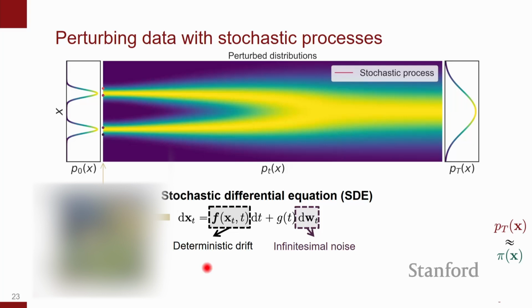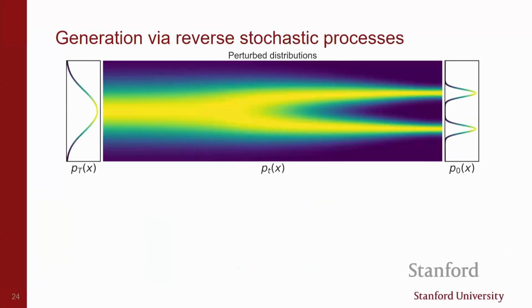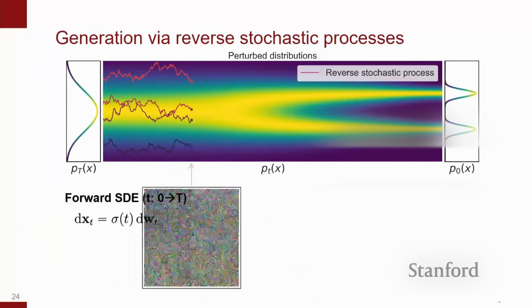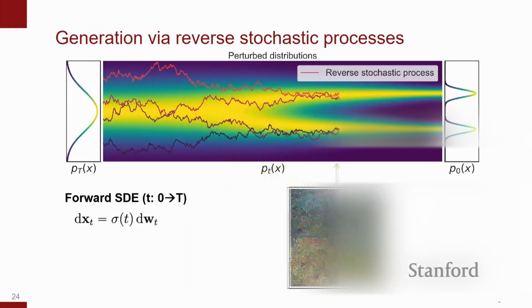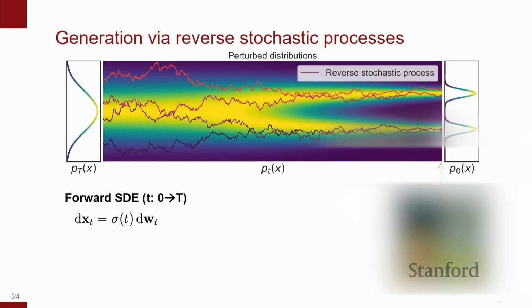So given the initial condition, if this g_t here was 0, or this piece doesn't exist, then you would have just a regular ordinary differential equation. Given the initial condition, you can integrate it, and you would get a solution. This one is a little bit more complicated because at every step you add a little bit of noise. And that's why you have these paths here that are a little bit, see all these little jags in the curve? That's because there is a little bit of noise that is added at every step.